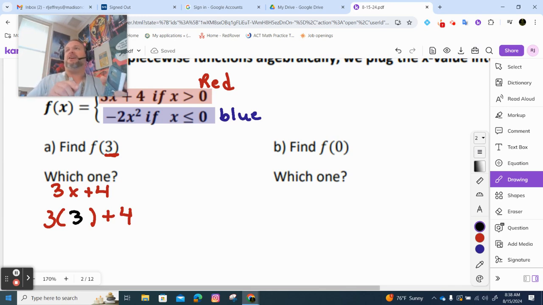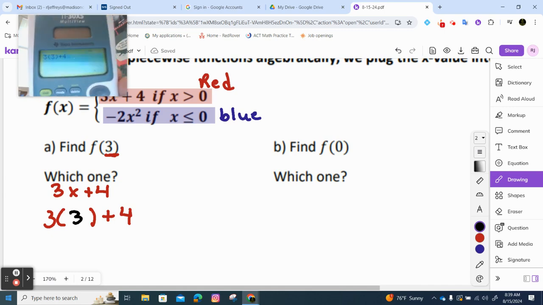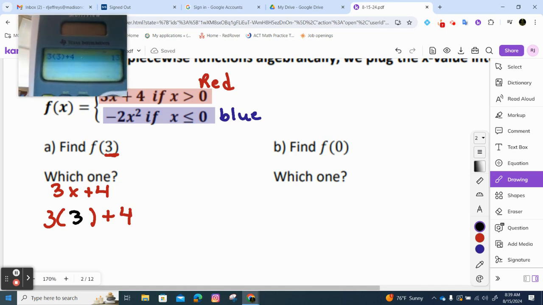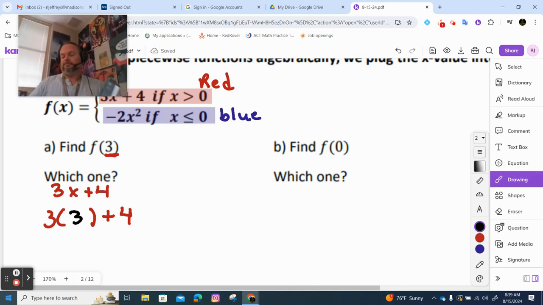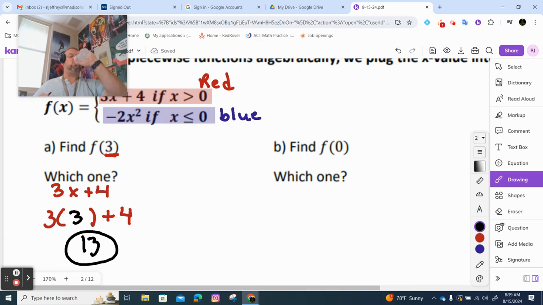You type it in the calculator just as it's written. 13.